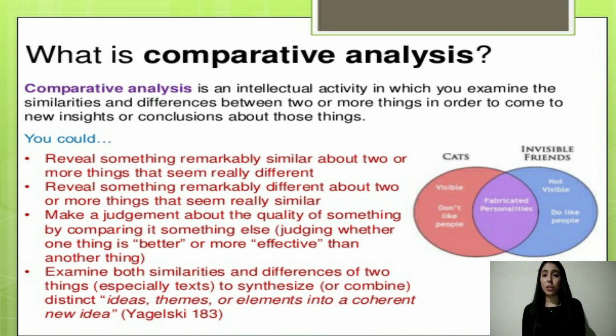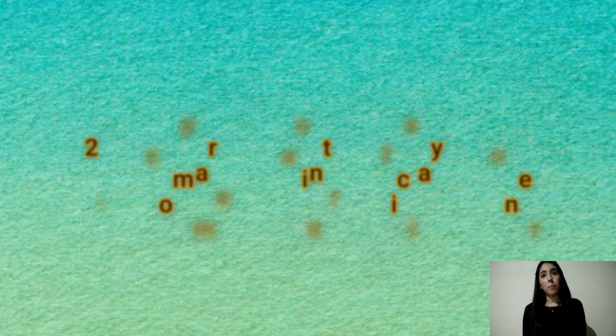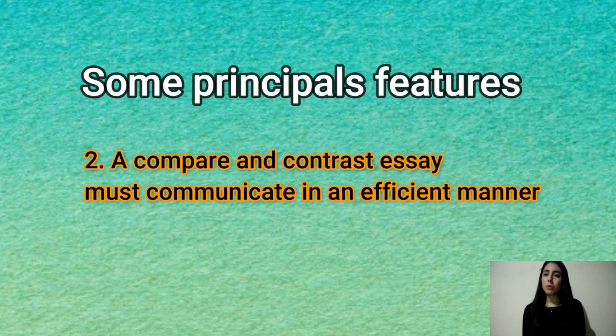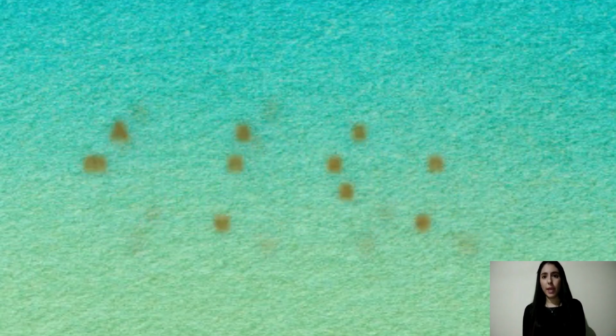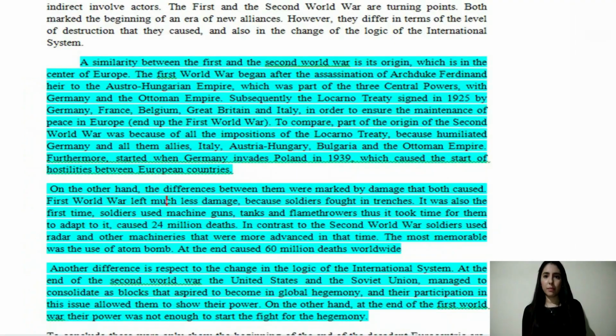This will allow the writer to sort out their thoughts about the subject before sorting them into a neat and organized form. A compare and contrast essay must communicate in an efficient manner. This means that this essay should start with an opening paragraph, which will directly state what the writer is trying to say.